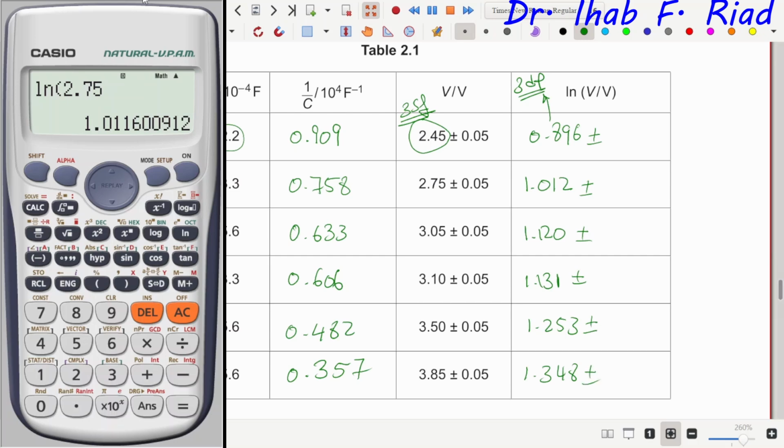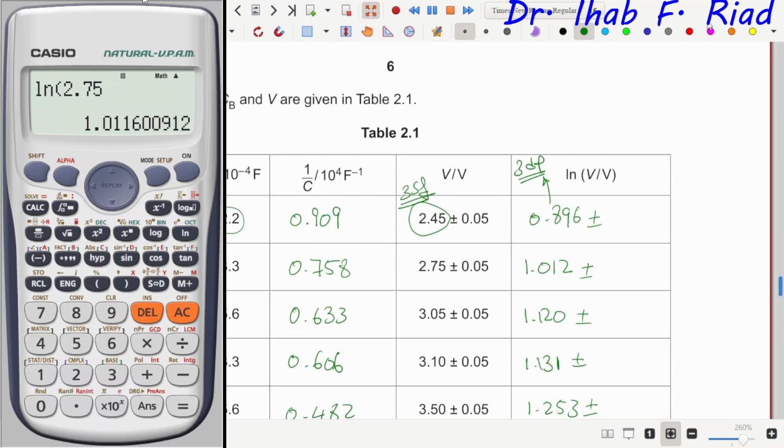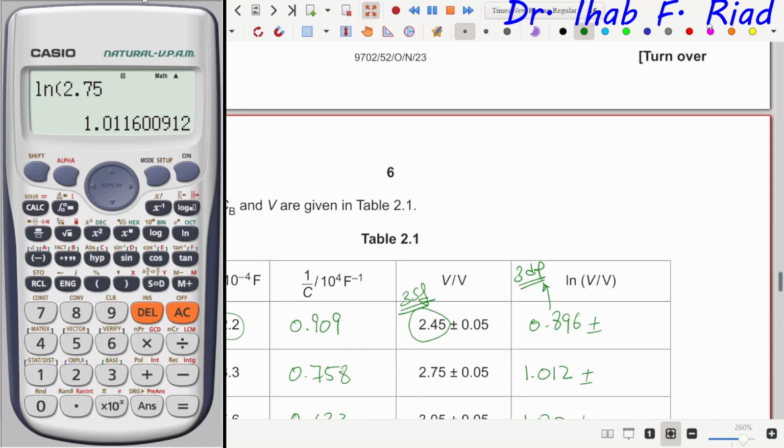Okay, now we need to calculate the absolute uncertainty in ln V. As we said before, to calculate the absolute uncertainty in a ln function, it is the ln of the maximum minus ln of the value. What is the maximum value? It is the value plus the absolute uncertainty in the value.